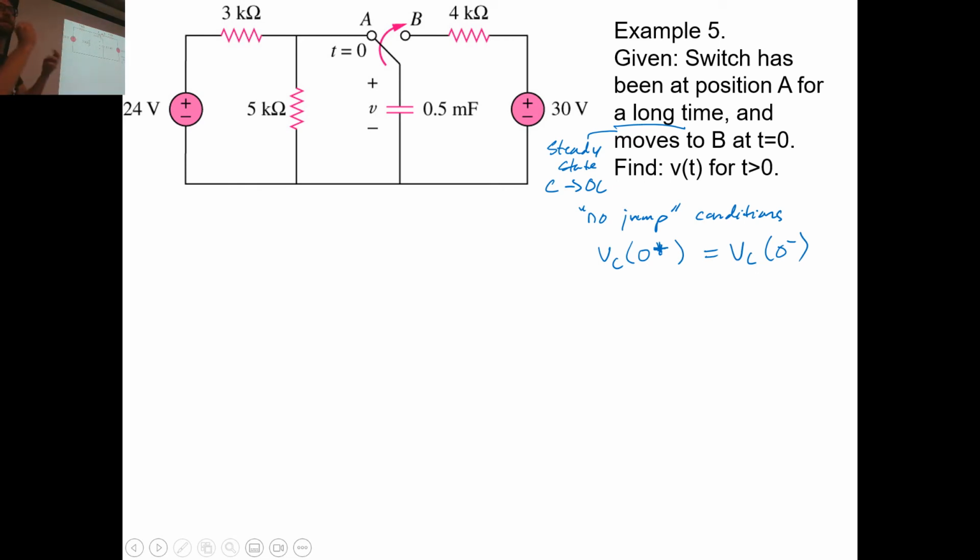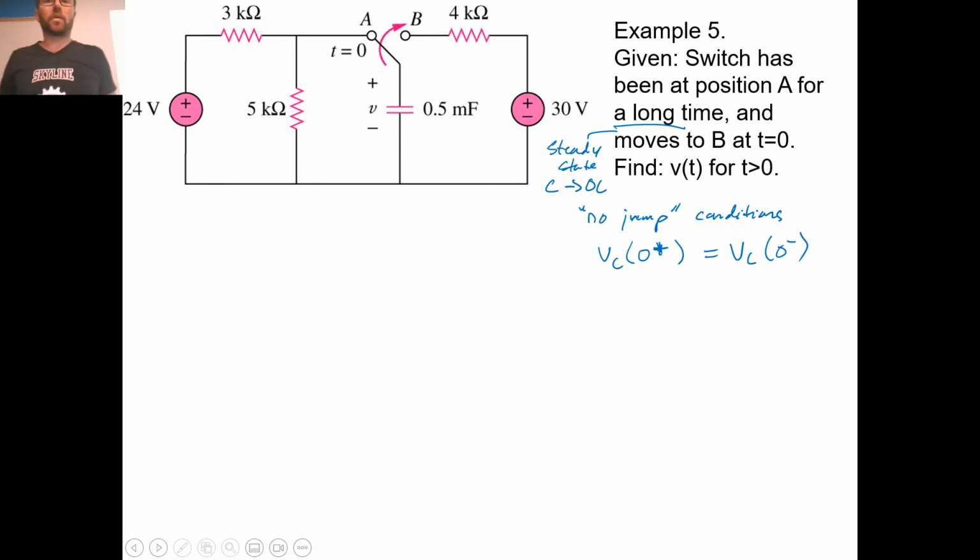Breaking it down into time-stamped snapshots, little snippets of a movie, helps. Before the switch, t is less than 0, you get a picture of what's going to happen. The capacitor fills up. Switch it over, and now you've got a new movie in your mind of what's going to occur. Very helpful to do before you put pen to paper.